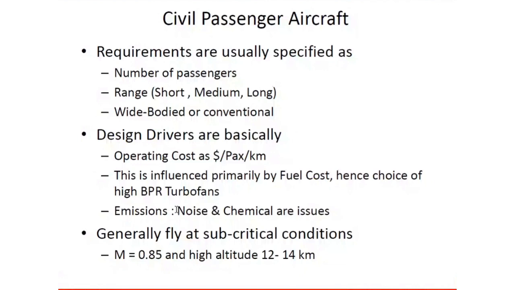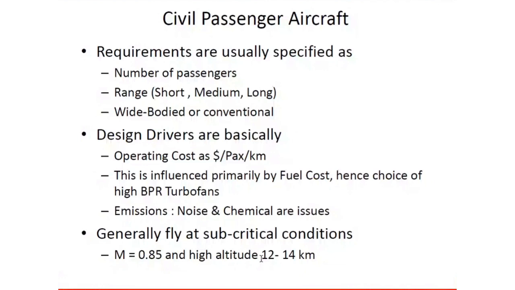Flying at this altitude, 12 to 14 kilometers, is a nice trade-off between reducing density and reducing thrust availability. Thrust availability goes down by a factor alpha, as I said, but the drag reduction from density and other things is much more dramatic. It depends on each aircraft, could be somewhere around 11, 11.5 or 12.5.